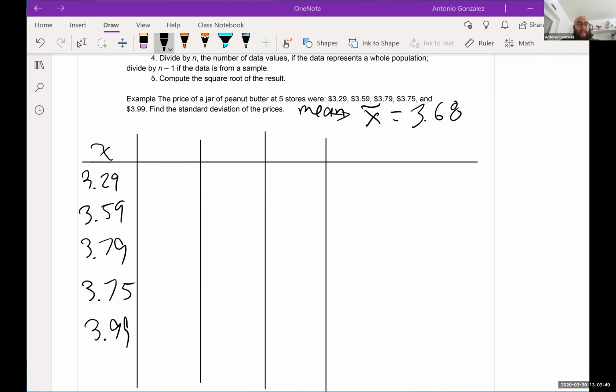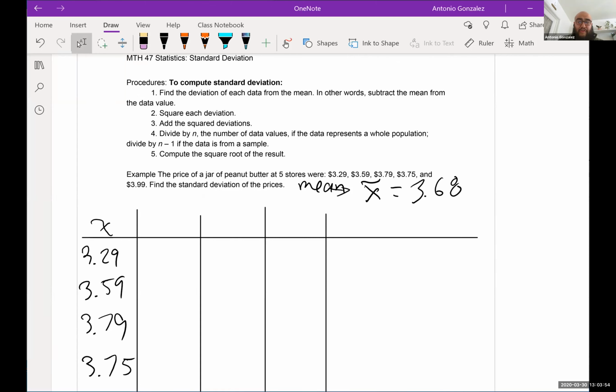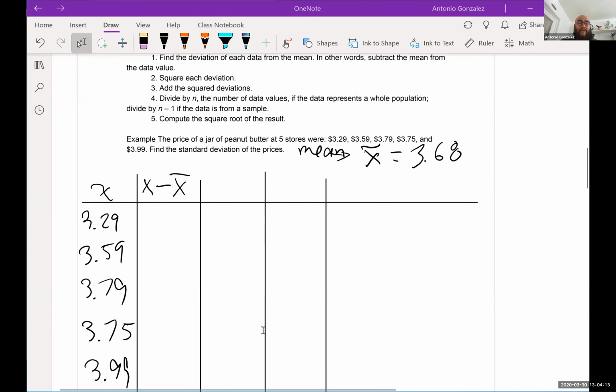Now let's take a look at the first part of our procedure. It says, find the deviation of each data value from the mean, in other words, subtract the mean from the data value. So we're going to do that calculation, X minus X bar.